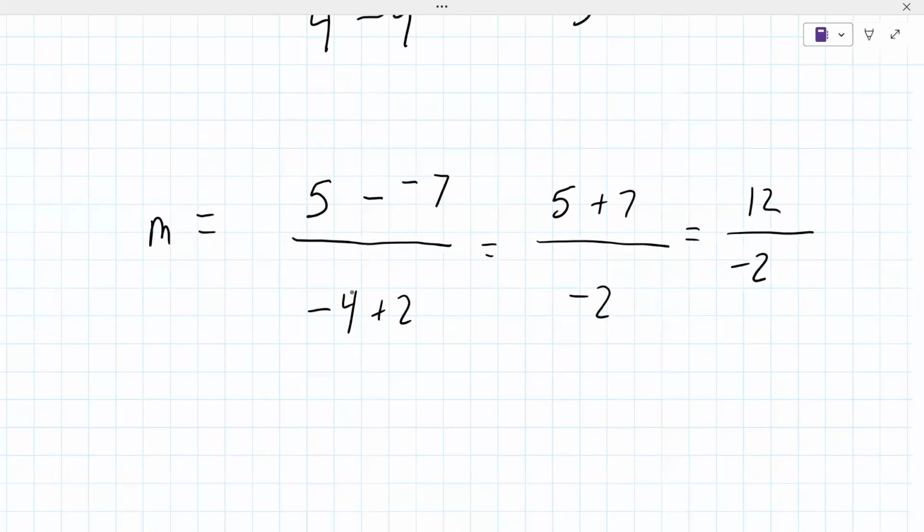Okay, what's 12 divided by negative 2? 6. Well, so you've got a positive or a negative. Positive 6. Wait. -6. Oh, I see.